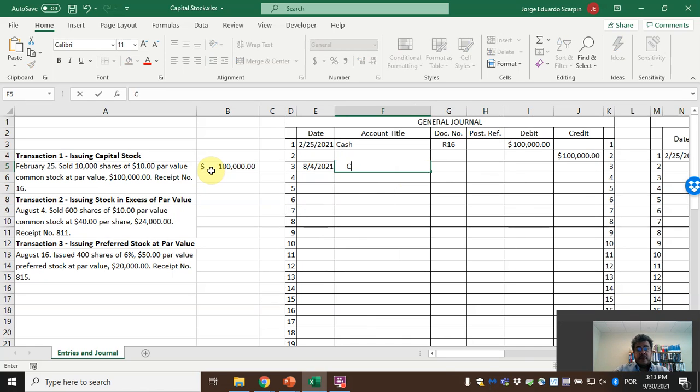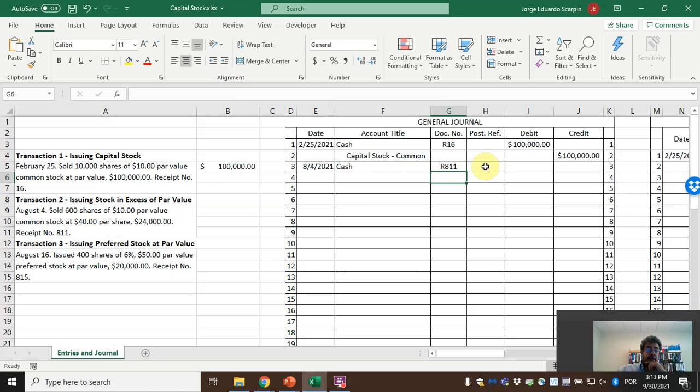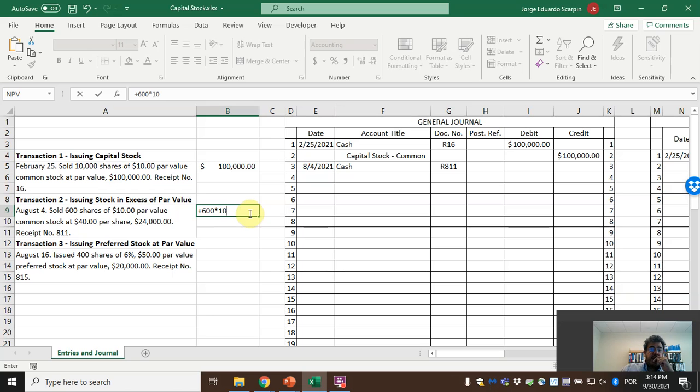Again, debit cash. Receipt 8/11. So now we sold 600 shares, $10 par value, 6,000.